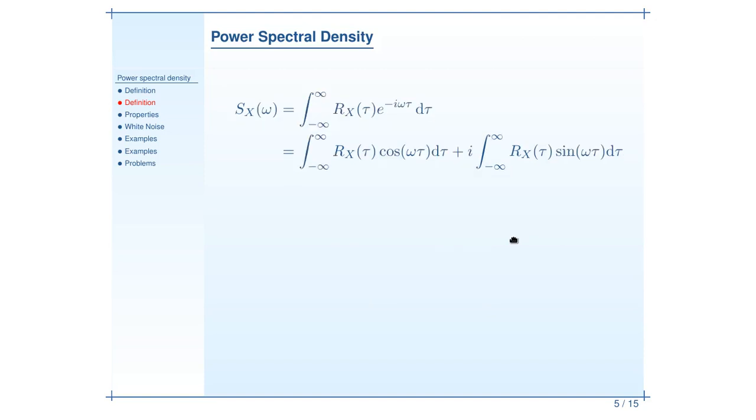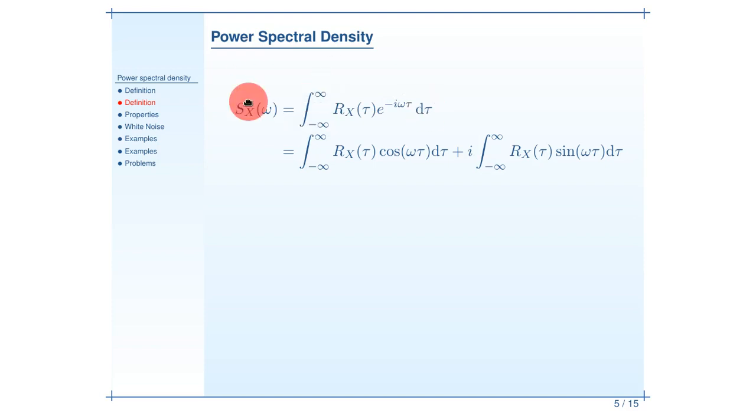And now, what does that expression mean? This is the Fourier transform. The power spectral density is denoted by Sx(omega). So you multiply the autocorrelation by e raised to minus i omega tau, and then integrate from minus infinity to infinity with respect to tau.